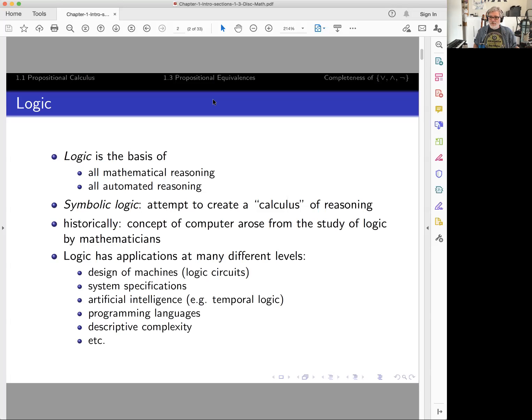Obviously, programming languages, any decent programming language has a logic component. And I mentioned descriptive complexity. I've talked about this P versus NP problem, although I didn't go into the details. I'll try to as we go along. But descriptive complexity is one of the possible lines of attack of this fundamental open problem, and it uses logic also. So it works at very many different levels.